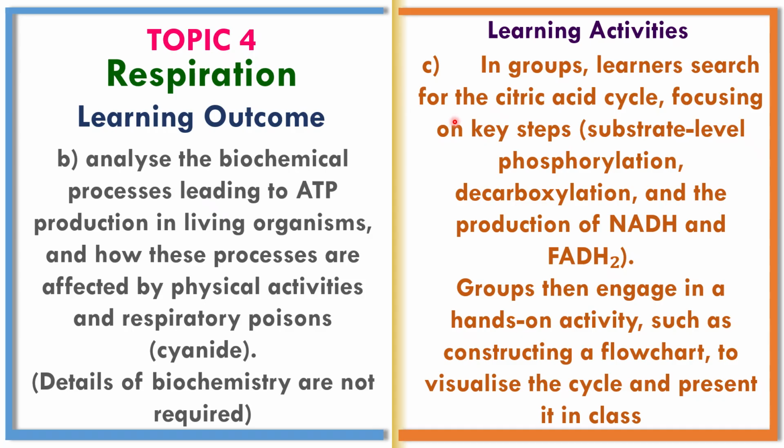Learners search for the citric acid cycle, focusing on the key steps: substrate level phosphorylation, decarboxylation, and production of reduced NAD and FAD. Groups then engage in a hands-on activity such as constructing a flowchart to visualize the cycle and present it in class.